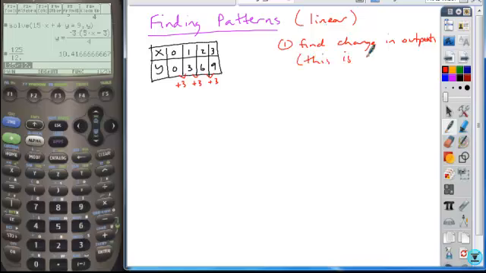Okay, this is your slope, or your m value. Once you find this, the equation that we can create right now is y equals 3x. So all we need to do here is find the b value, and that's found by finding the value of y, your output, when your input or x value is 0.